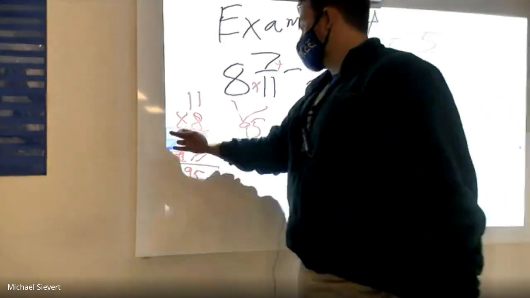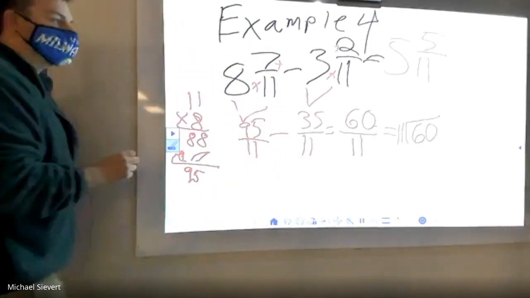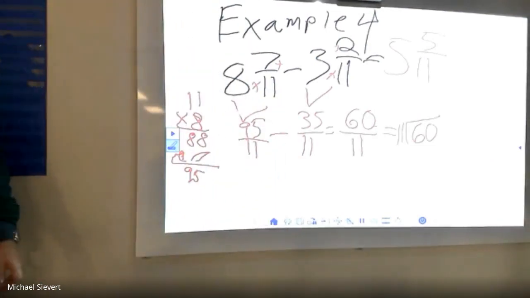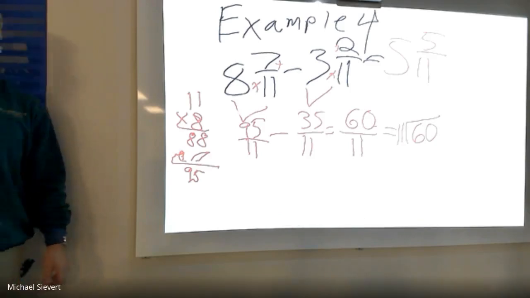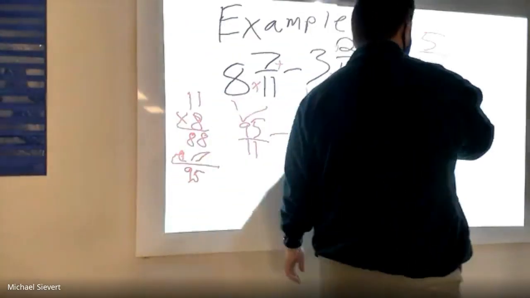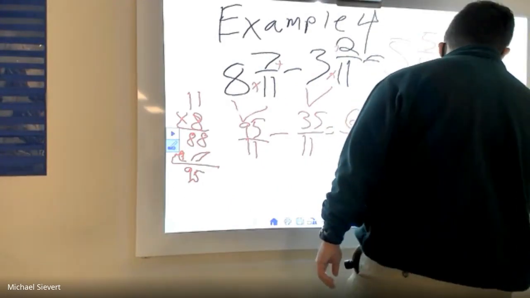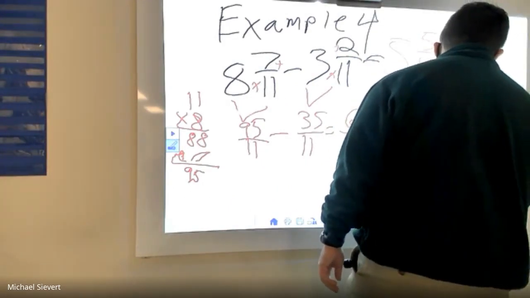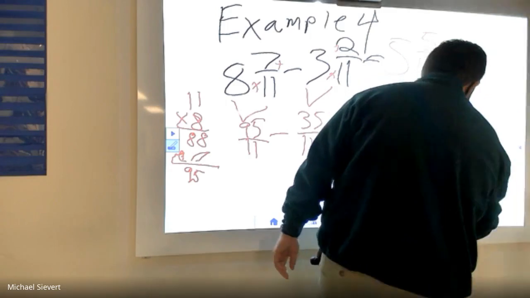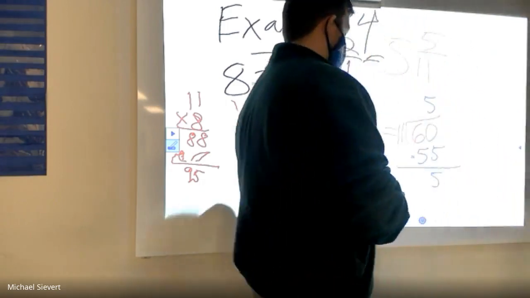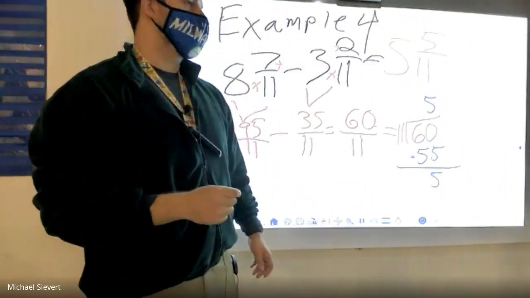Okay. How many groups of 11 are in 60? Well, 1 times 11 is 11. 2 times 11 is 22, 33, 44. Cherish? 5. There'd be 5. Natalie, what is 60 minus 55? It'll be 5.